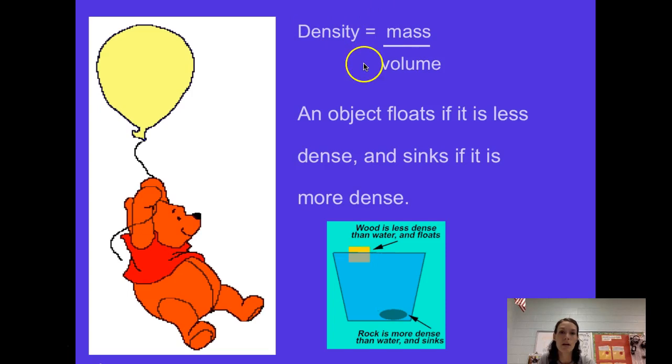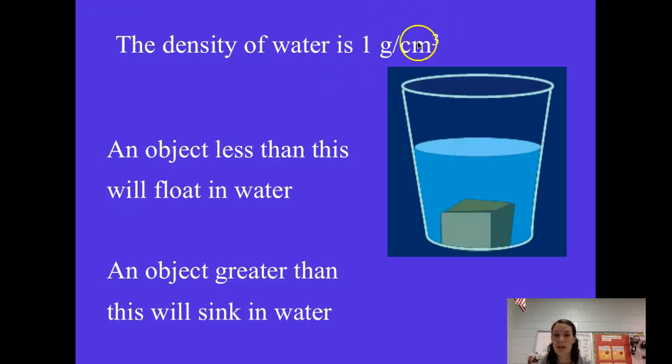Birch wood, no matter how big the piece is, because we're dividing mass by volume, is always going to have the same density no matter how big the piece of wood. So if birch floats, it's always going to float whether it's a big or a small piece. So that's a huge misconception, that when we have a bigger piece of something, it's going to then sink, which is not true. It doesn't matter how big the object is, it matters whether its density, when we divide, is higher or lower than 1, like we said on this slide.